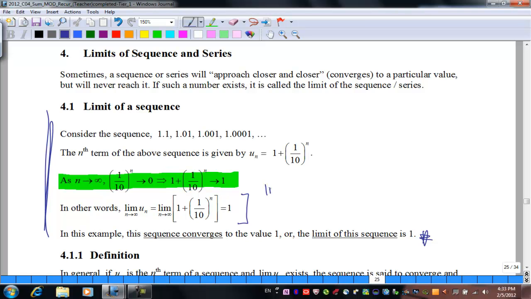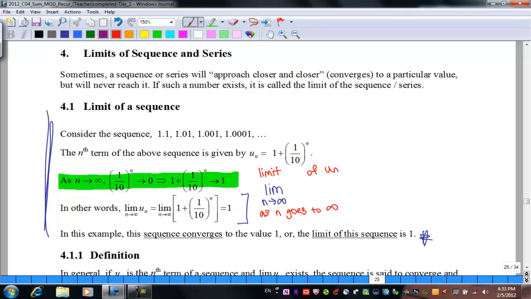Let me write it out with you. So this lim is not a surname. What it means is the limit. Limit of what? Limit as n goes to infinity. But instead of writing n goes to infinity, once again we just write n with an arrow to infinity. So this means the limit as n goes to infinity of un.